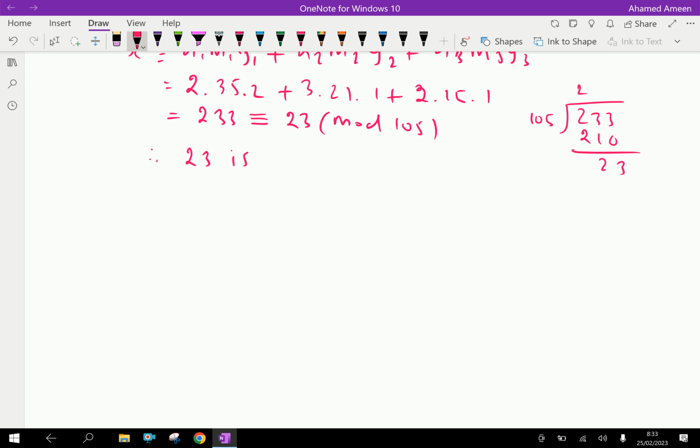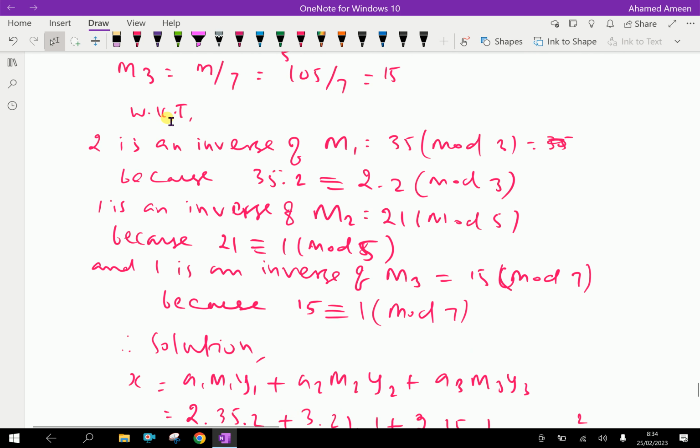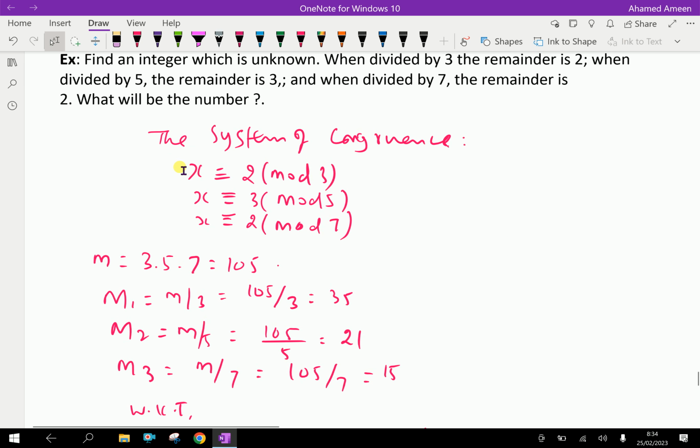The smallest positive integer leaves the remainder 2 when divided by 3, a remainder 3 when divided by 5, and a remainder 2 when divided by 7. That means our solution, that is x, is 23.